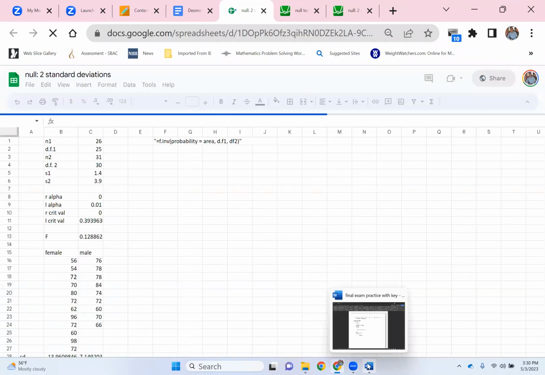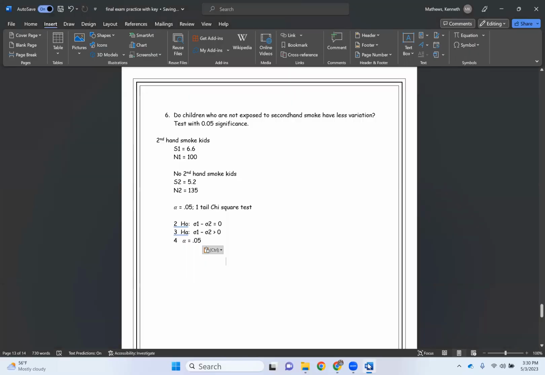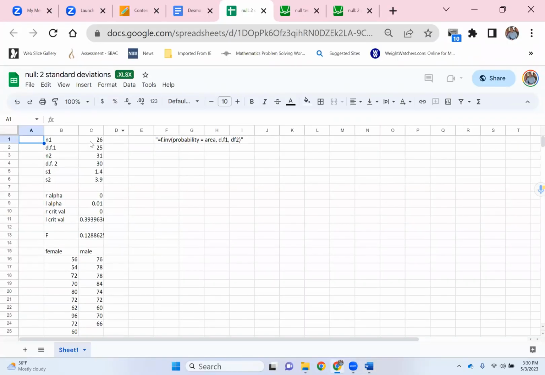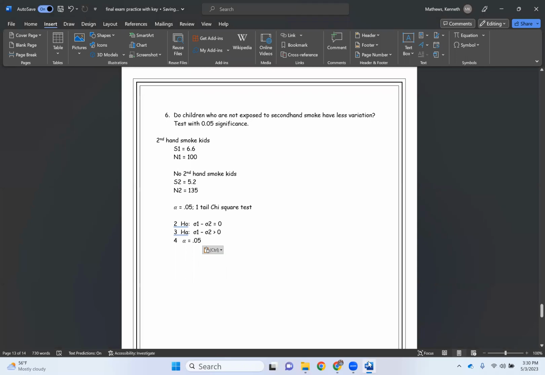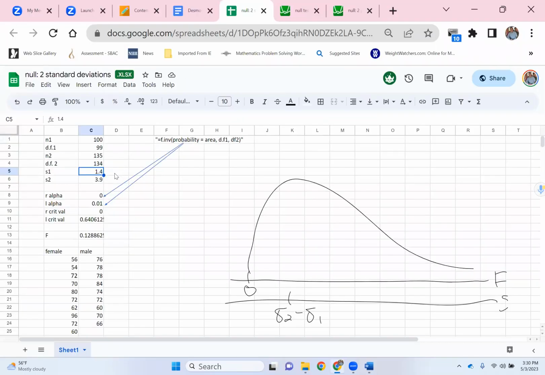All right, so N1 is 100, N2 is 135. The first standard deviation is 6.6 and the second is 5.2.